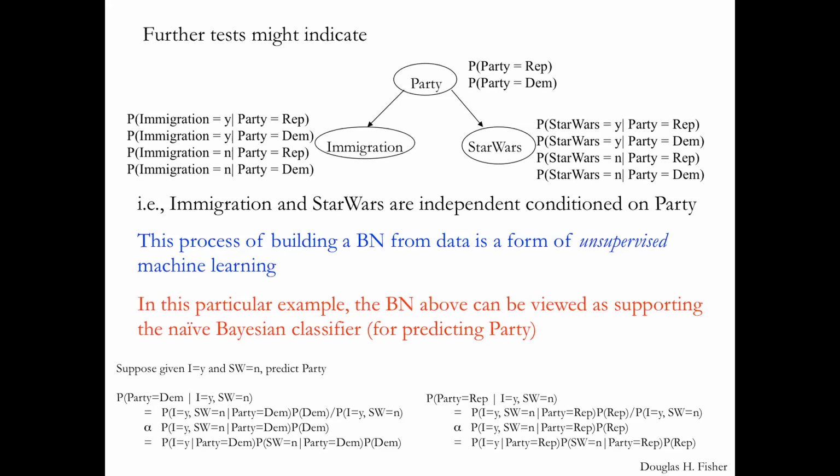There are liberal Republicans and there are conservative Democrats. And if you were interested in looking at those subpopulations, they might be sizable enough that you would not make a conclusion of independence conditioned on party.